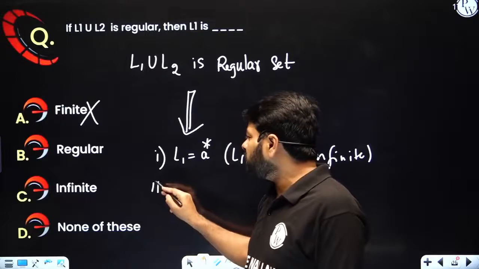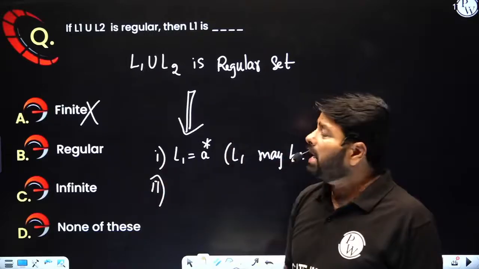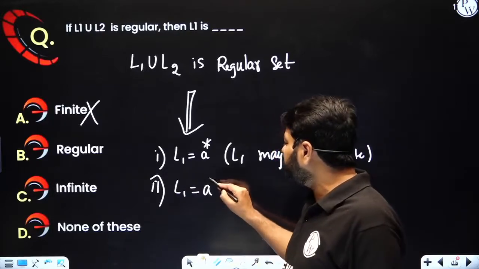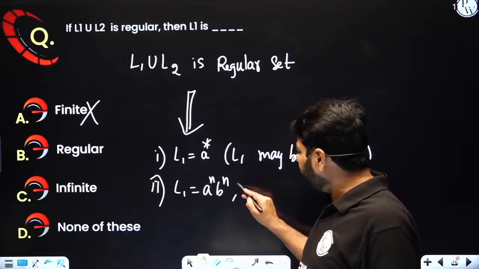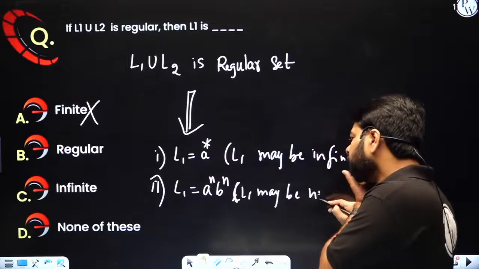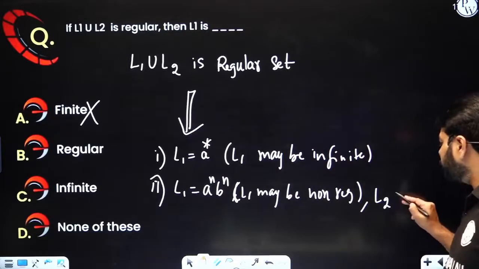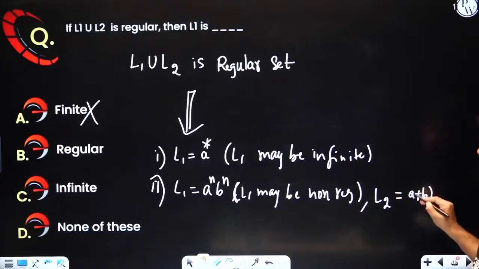Now I'll go for option B. Somebody is saying that L1 is regular. Do you require L1 to be regular? I'll take L1 as A power n B power n. At this time, because I'm trying to say that L1 may be non-regular, to disprove option B, I will take L2 as (A plus B) whole star or A star B star.